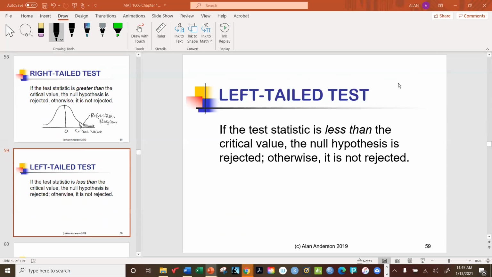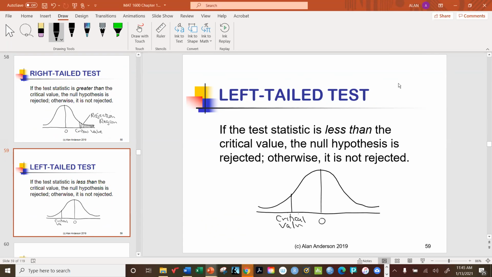All right, with the equivalent left-tailed test, this would be our rejection region.